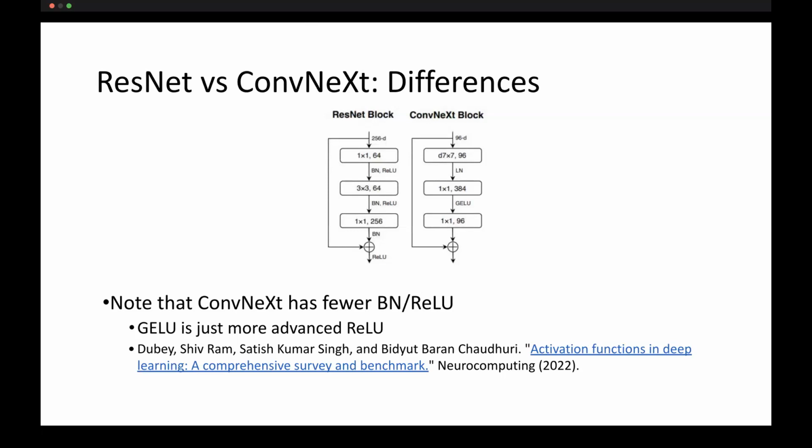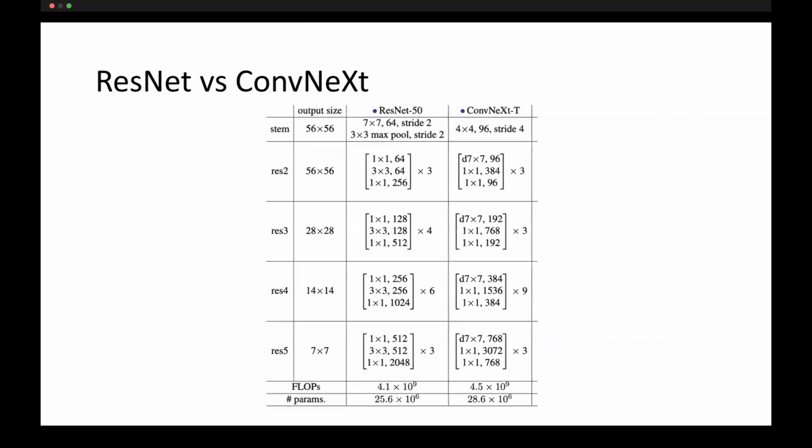GELU, on the other hand, is a probabilistic activation function. What is a probabilistic activation function? I would recommend reading this paper that I just mentioned. It's a recent survey on different activation functions. Just go through it. You will probably understand how GELU works better, and it might also give you ideas about other new activation functions which might work better for you.